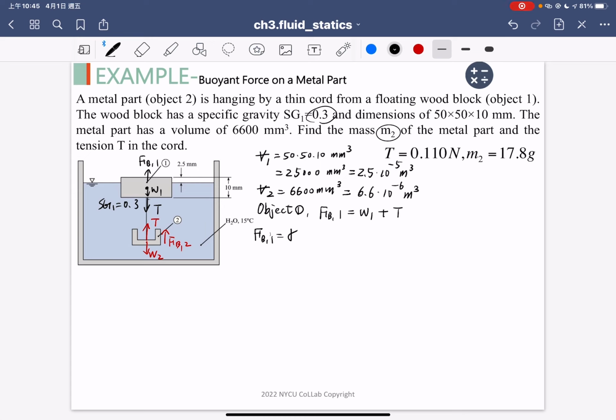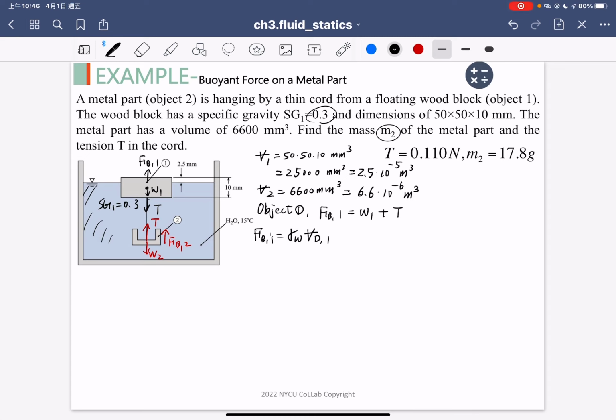What is the gamma here? The example didn't tell us, but it's okay. The environment here may be the water. So for the buoyancy force, we need to compute the water gamma multiplied by the displaced volume for object 1.